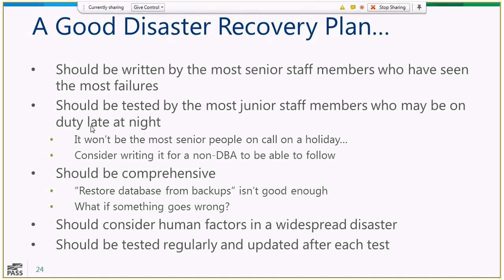And you also need to think about the human factors. If there's a widespread disaster, so if your entire city is flooded, most likely, most of your employees are more worried about their houses and their families, and they're not quite as worried about rushing into work to try to get your application back online. So keep that in mind, depending on what might happen. How would you handle that?